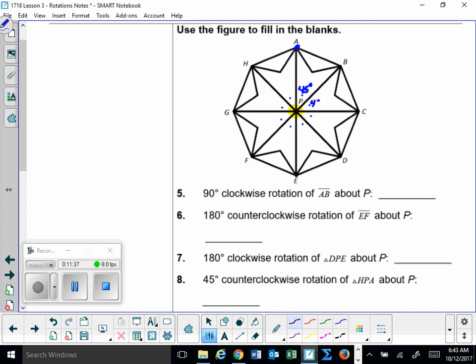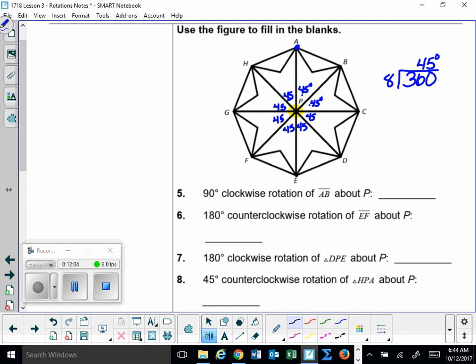Each of these is 45 degrees all the way around, and that's helpful as I start rotating by different angles. Again, I took 360 degrees for a circle, and I divided by my number of sections to get that 45 degrees.